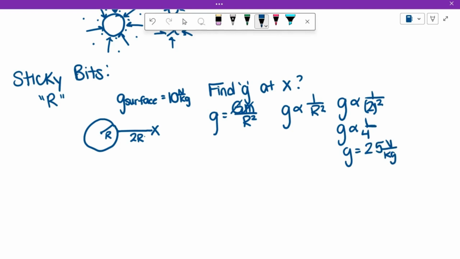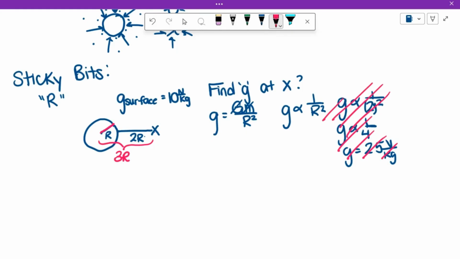While that's a great process, the student is forgetting one thing: R represents the distance from the center. So when we're at 2R from the surface, we are actually a grand total distance of 3R from the center. At the surface, we're a distance R from the center.